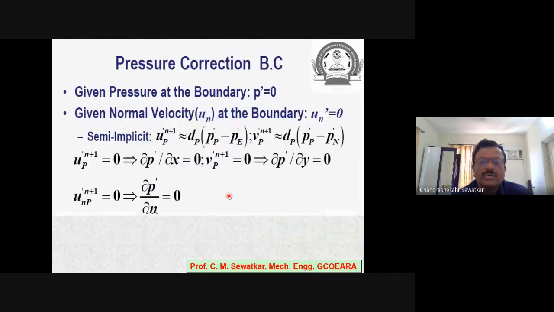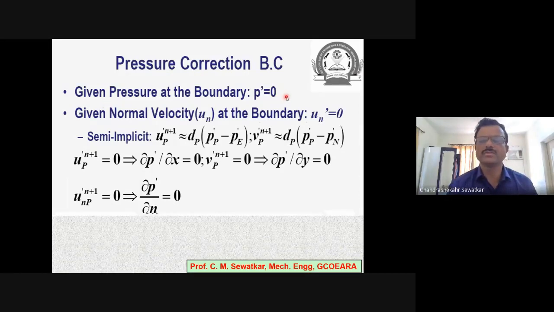So now let us look at some of the important facts, some of the important things which you must remember when you will be writing the code. As I told, pressure correction boundary condition is essential to be given. The given pressure at the boundary, P prime, is 0.